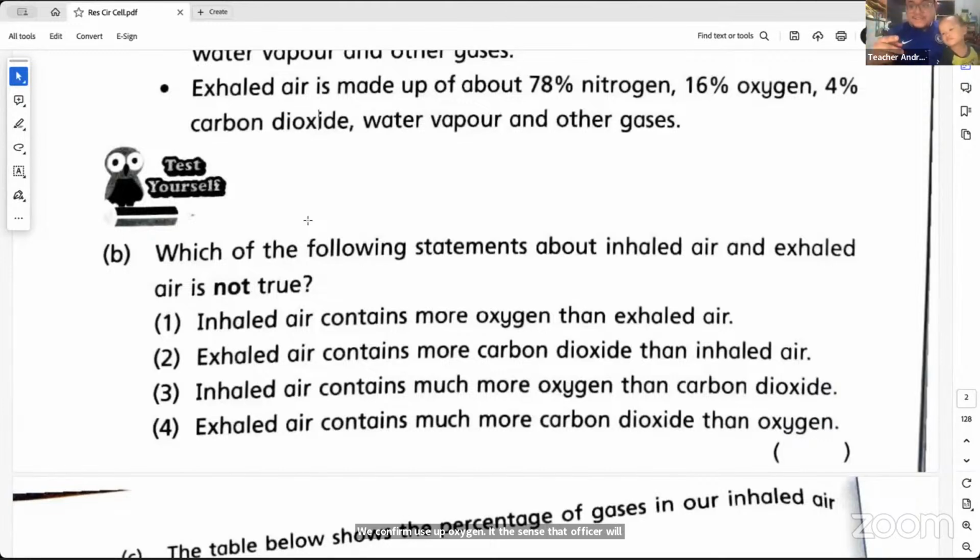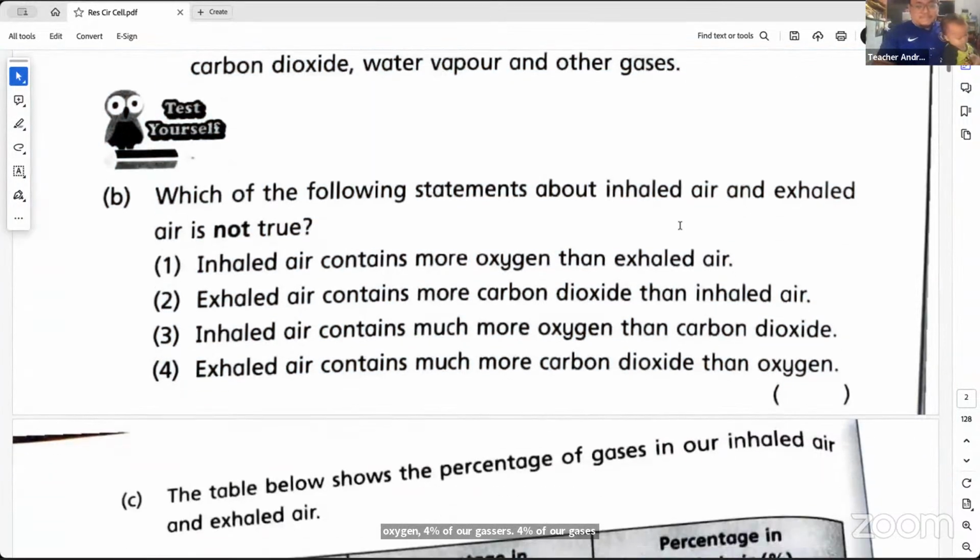But the student forgot one important thing: in the exhaled air, no matter how much we breathe in, the exhaled air will always contain more oxygen than carbon dioxide, because the exhaled air contains 16% oxygen and 4% of other gases. So, David, you're right.